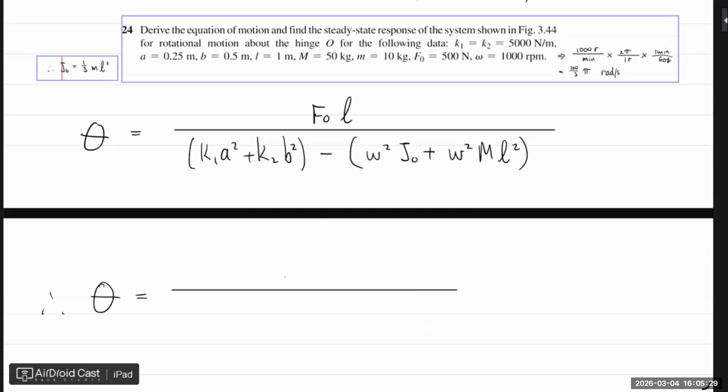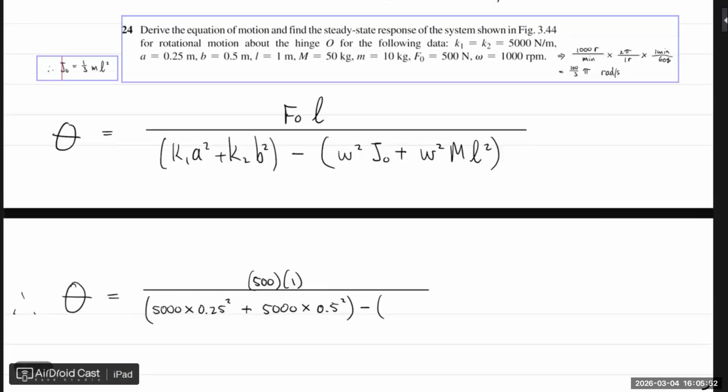So we have 500 times 1 over 5,000 multiplied with the A, which is 0.25 squared, plus 5,000 multiplied with 0.5 squared, minus omega. We could have taken out omega there as well and made it even nicer, so I'm going to do that. Omega is outside.